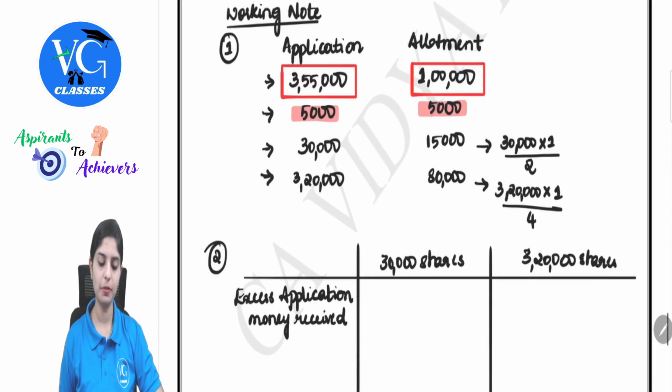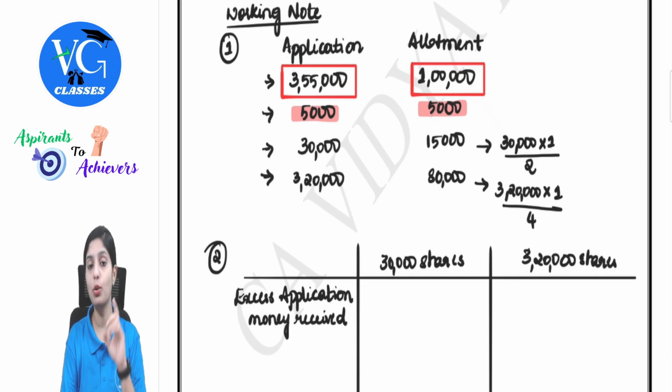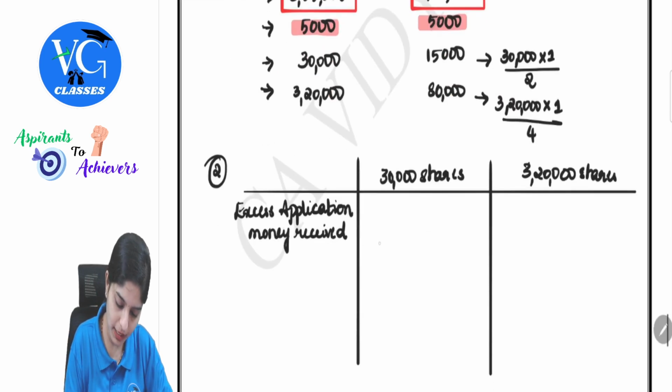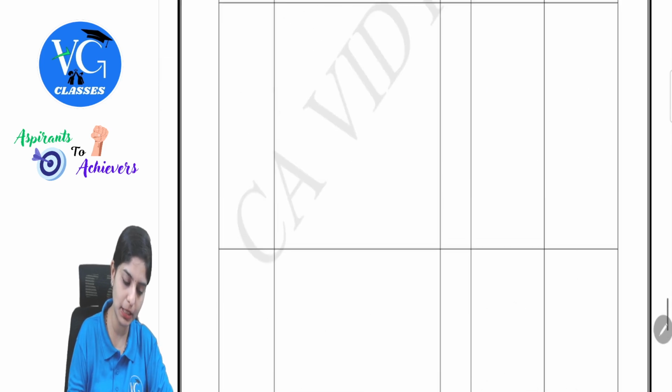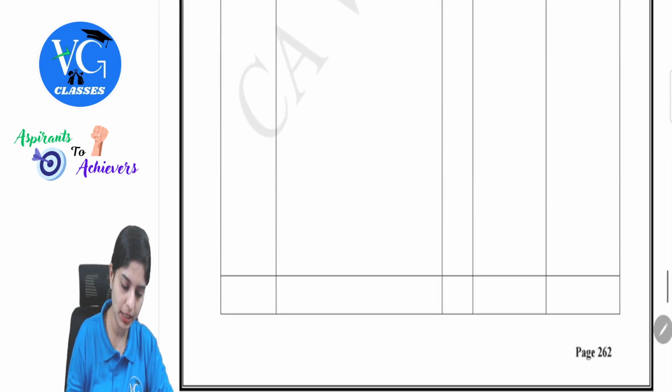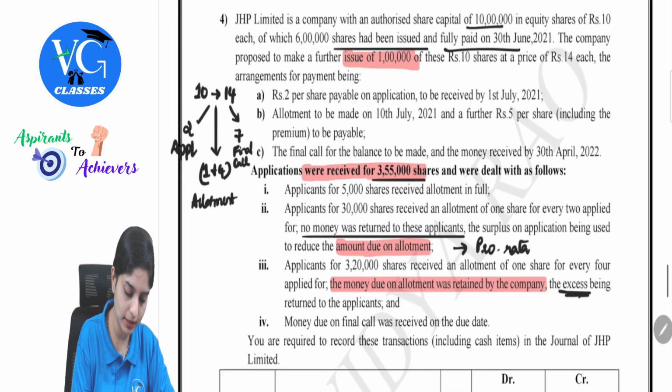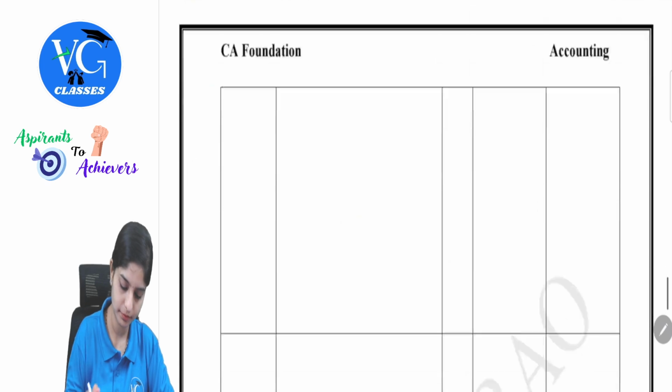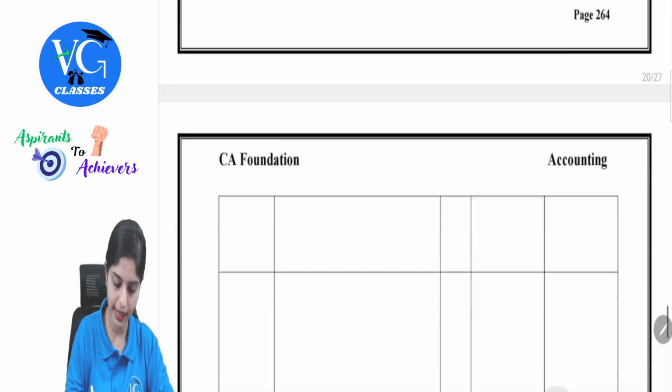Now if you observe, 15,000 is allotted in the first case for 30,000 shares. So how much is the excess application? 15,000. So 15,000 into what was the application money? Application money was 2 rupees. Yes. So 15,000 into 2.